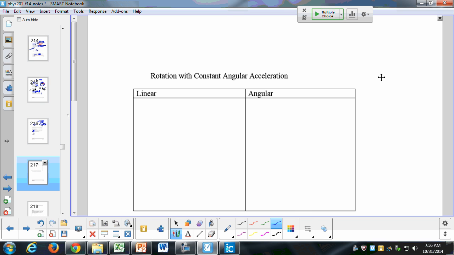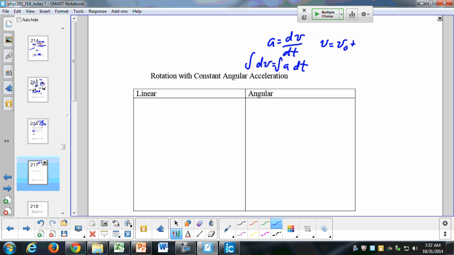So we derived those equations based on the definitions, that is that a was dv/dt, and then you remember we say dv is a dt, and then we integrated both sides, and we got that v equals v naught plus at.